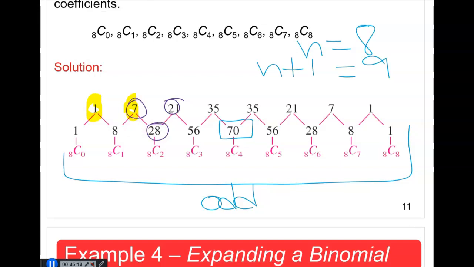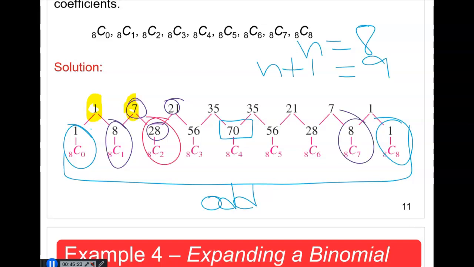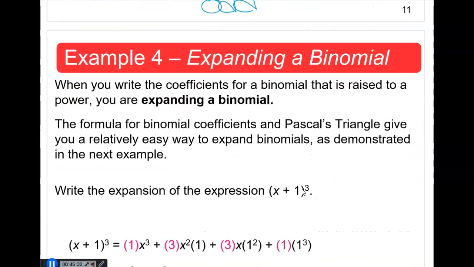So the 1 with the 1, and then we have the 8 with the 8, the 28 with the 28, and then the 56 with the 56. So you could see the symmetry going on there.